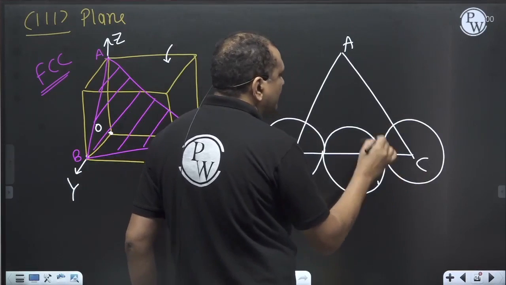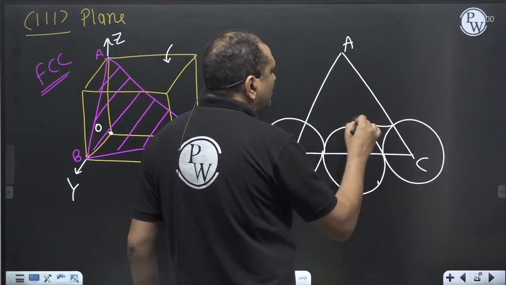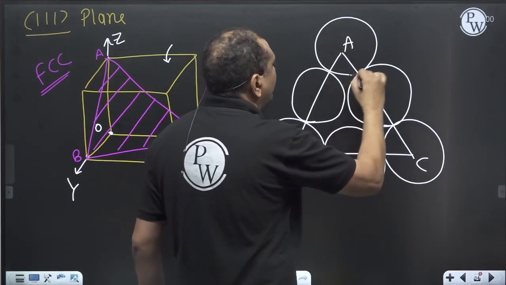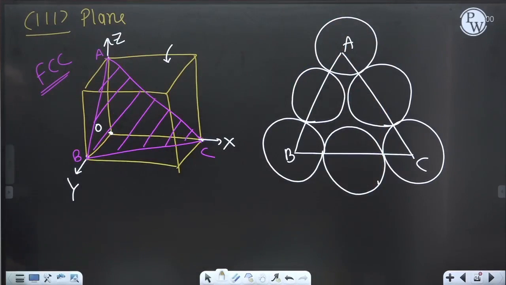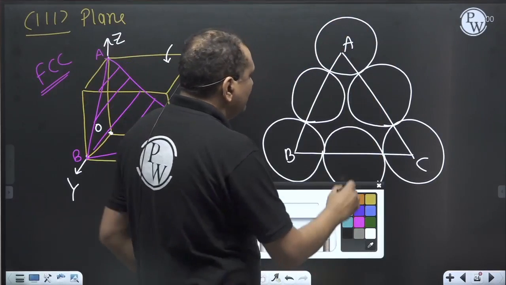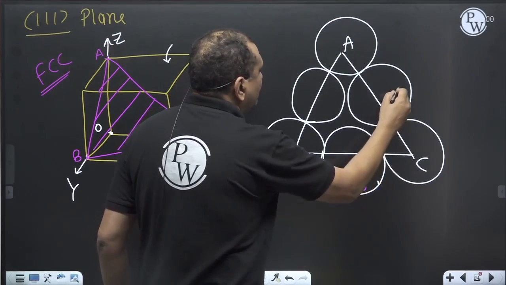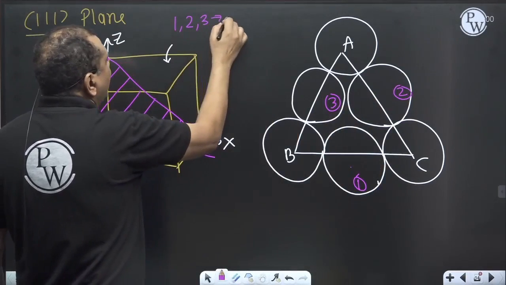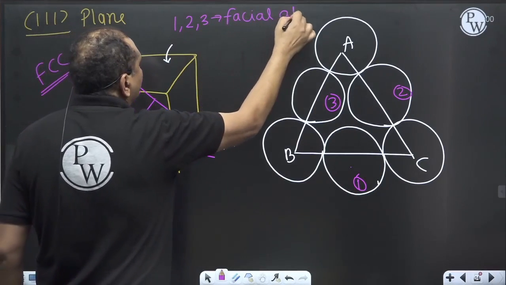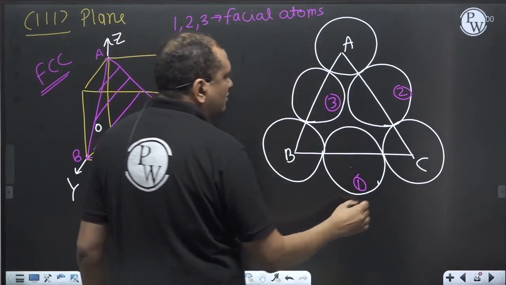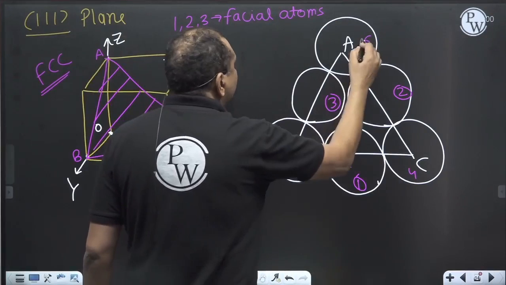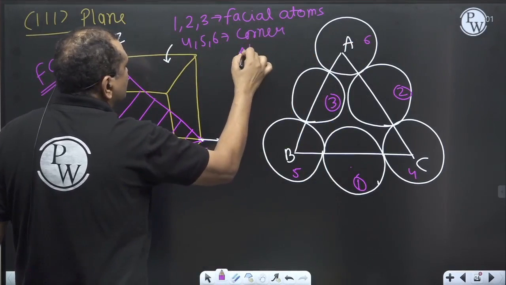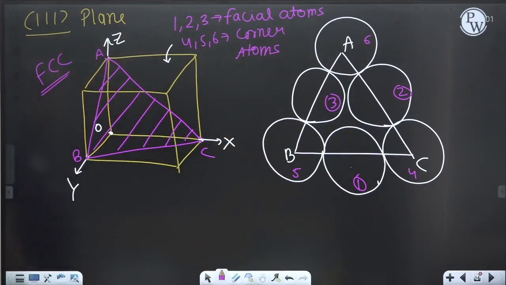These atoms 1, 2, 3 are facial atoms, and 4, 5, 6 are corner atoms.